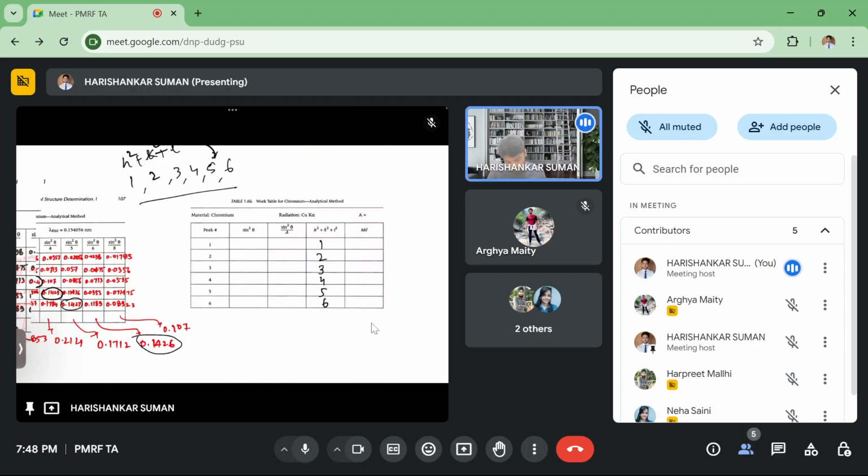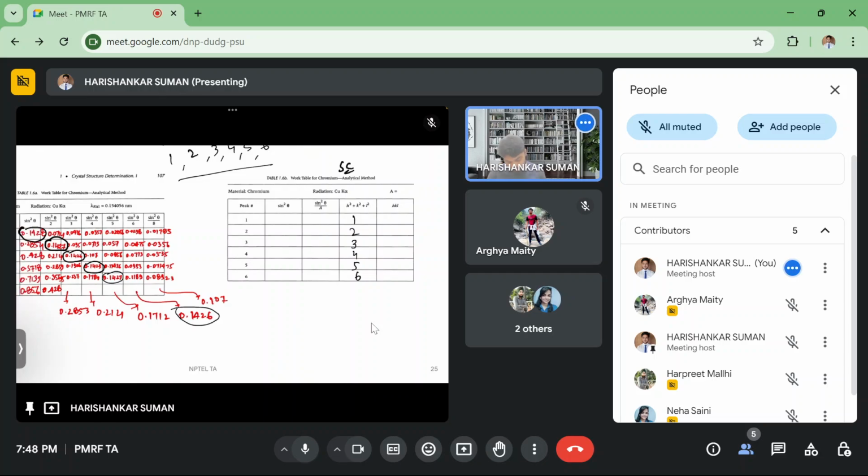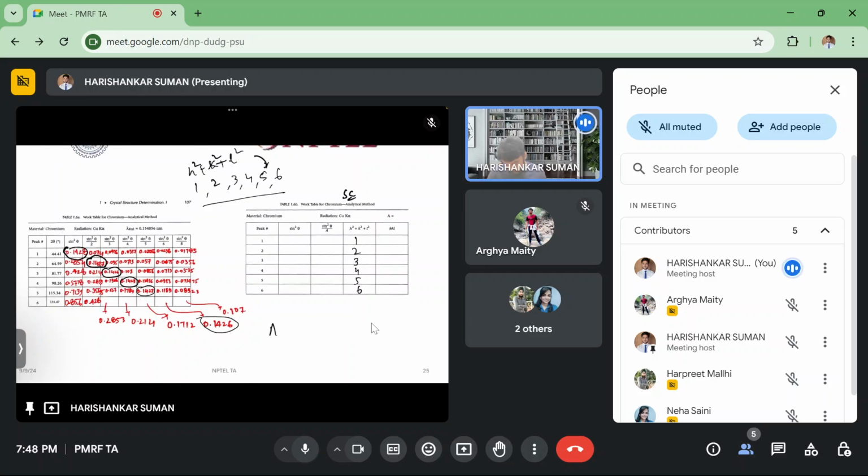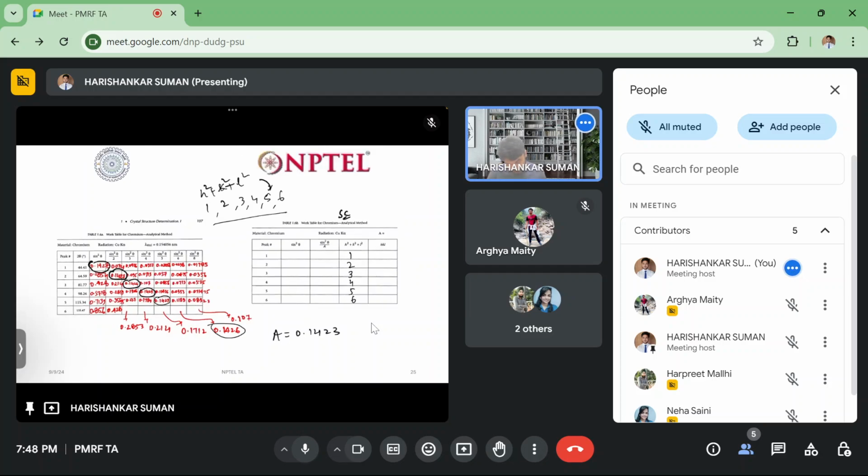So this is the simple cubic. Okay, you can find the A value will be 1.423. Here you can apply A equals lambda divided by 2 root 8.